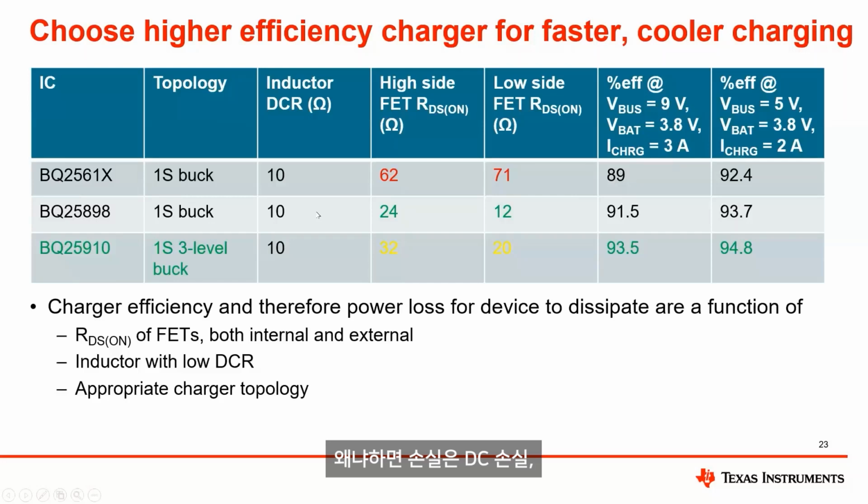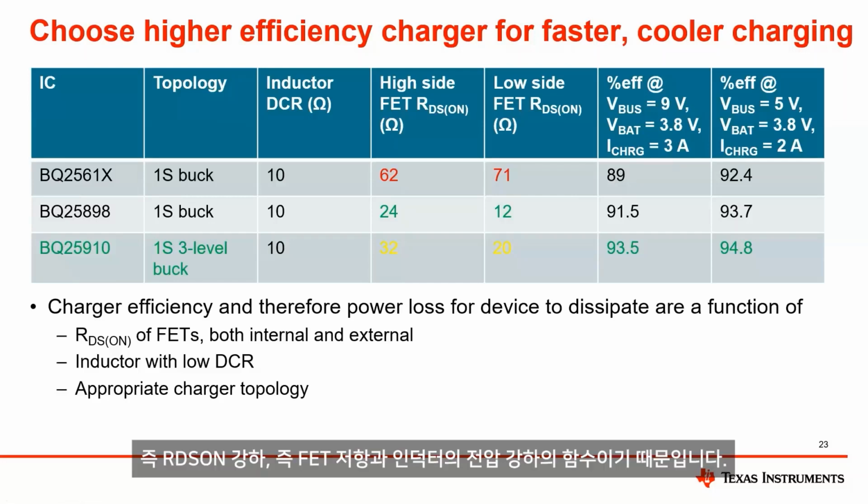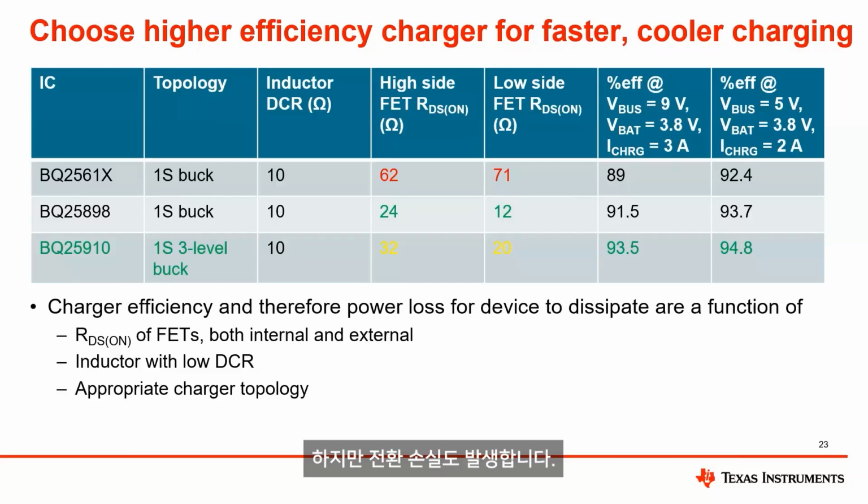Our losses are a function of the DC losses, which would be the voltage drop across the resistances of the FETs as well as in the inductor, but then we also have switching losses. Now the 25910 is actually a slightly different topology.